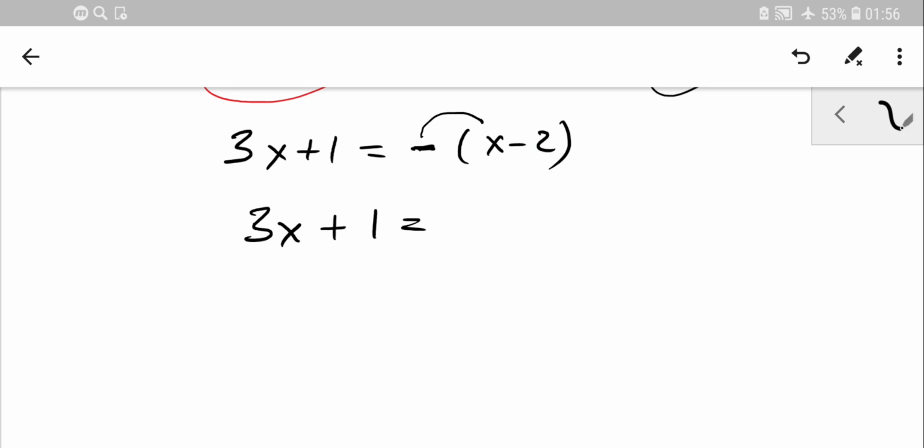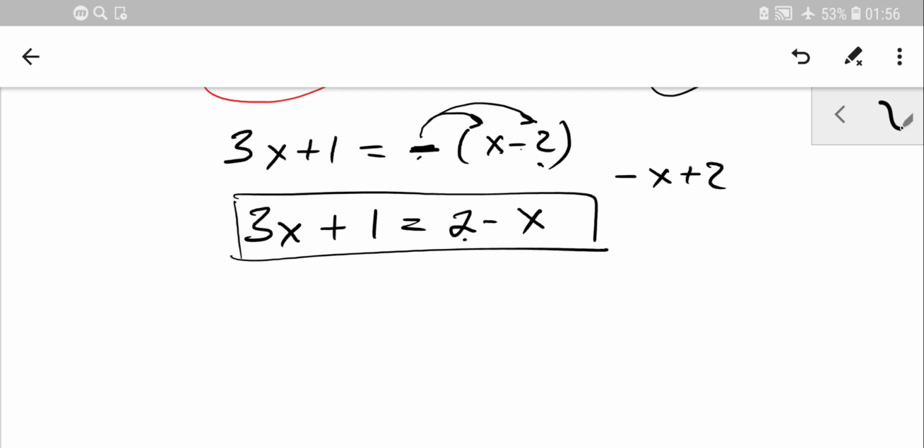So the minus is distributed to each term within the brackets. So we'll get 2 minus x. I just swapped them because I first expanded here and I multiply minus by -2, I'll get +2 and minus x. Of course I could write minus x plus 2, but when you have enough experience, you can do as I'm doing right now.